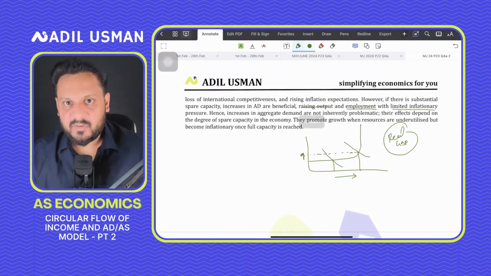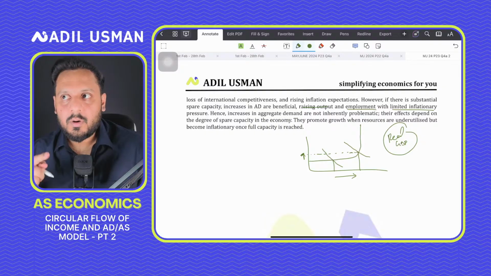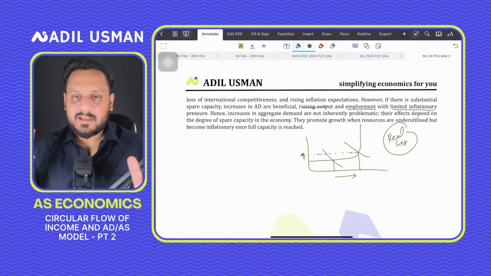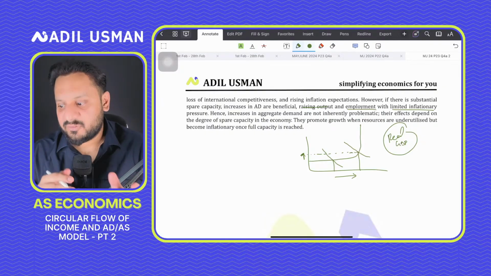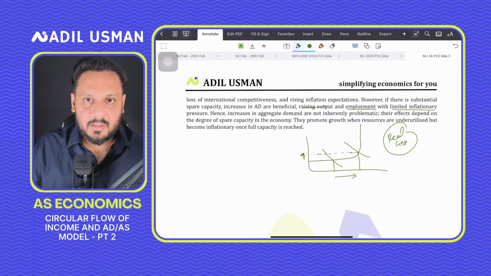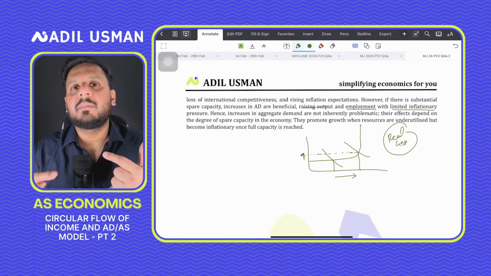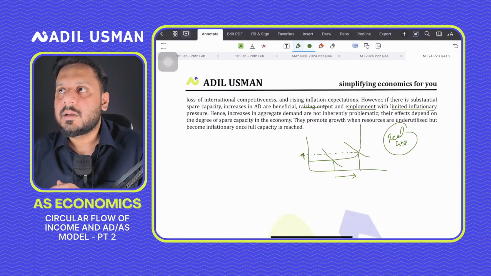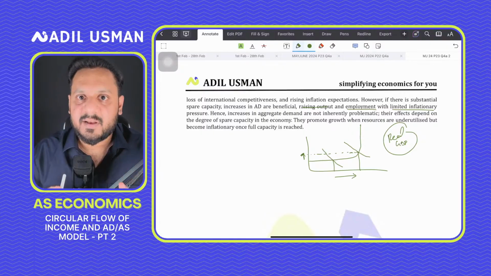So this is beneficial, it's not a problem. So you're saying, hang on, if there's spare capacity, then increase in AD is actually not a problem, in fact it's beneficial. This engagement between you and the examiner, that you're telling this is what it is, is evaluation.